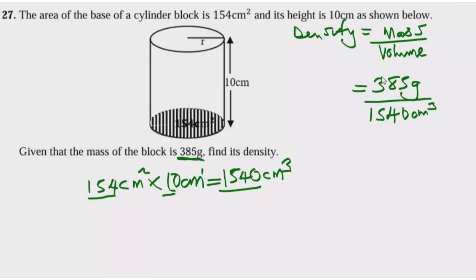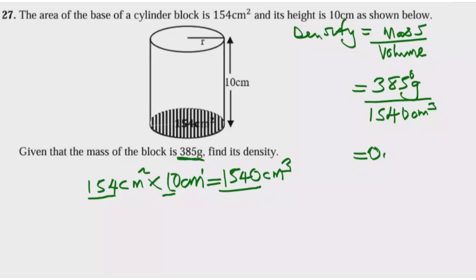So we divide that. When we say how many times can this go into this, 1540 into 380, it will go how many times? It will go 0 times. 1540 can't go into 380. So we put the 0 here. Then after we put the 0, we put the decimal point down on the quotient.